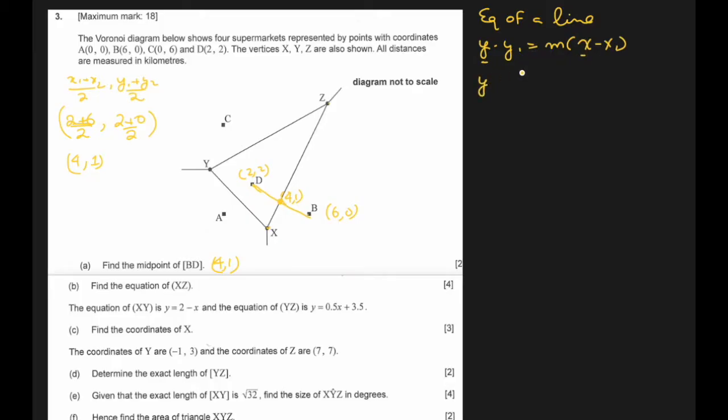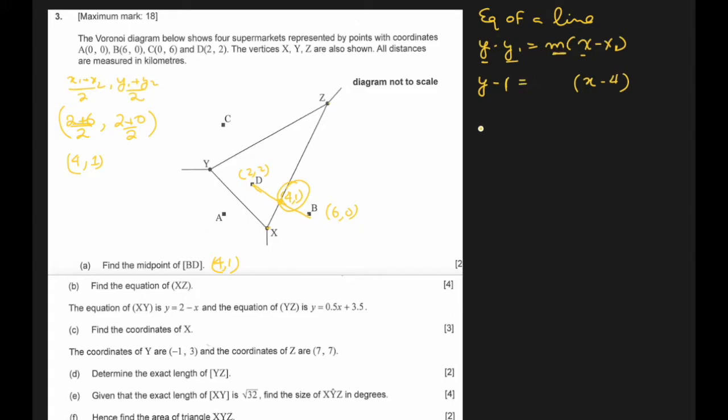We don't have to replace them by anything because they are the general points and they form the equation. y1 and x1 are the points on the line. On XZ, (4, 1) is the point, correct? So we can use this one, (4, 1). So 1 will come here with y and 4 with x. So what is left? m is the only one left.